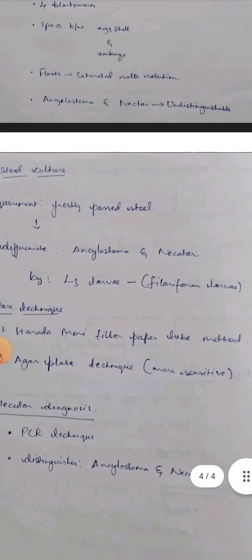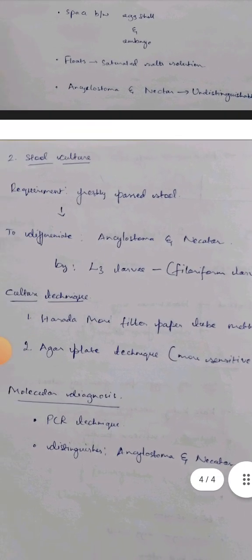Next diagnosis is stool culture. For this, there is a requirement of freshly passed stool to differentiate Ancylostoma and Necator with the help of L3 larva, that is filariform larva.